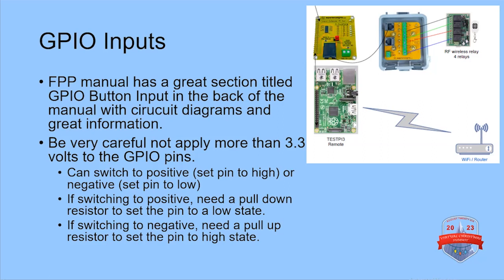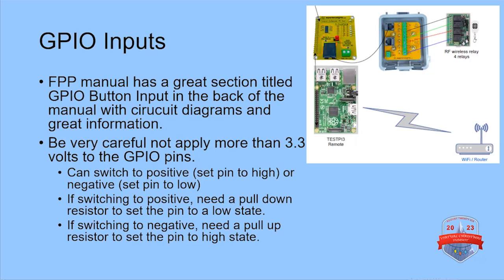Now, if you're just doing very minor low current stuff, there are some built-in resistors that we're about to talk about. Again, like from earlier, be very careful not to apply more than 3.3 volts to a GPIO pin. If you're trying to switch with a button from a 12-volt power source and you send 12 volts to that GPIO pin, you'll likely permanently damage your Pi.